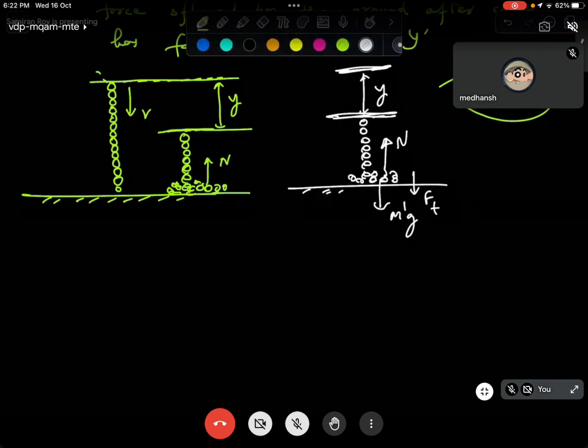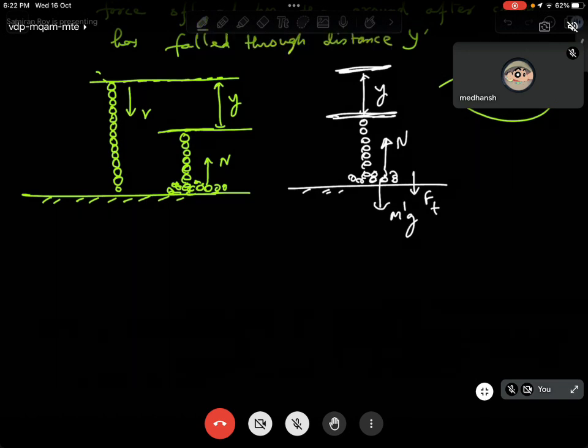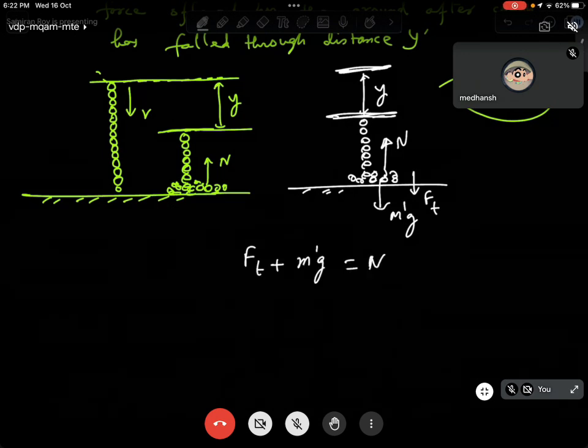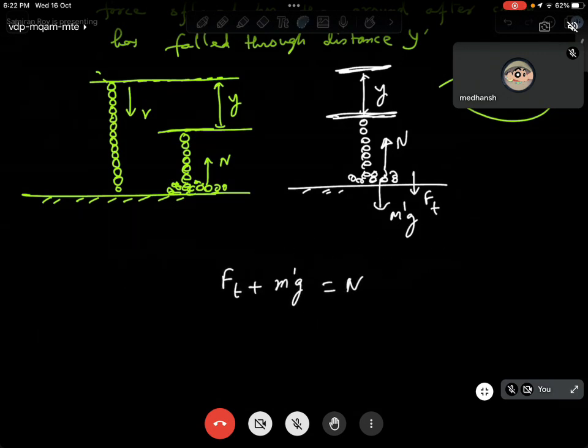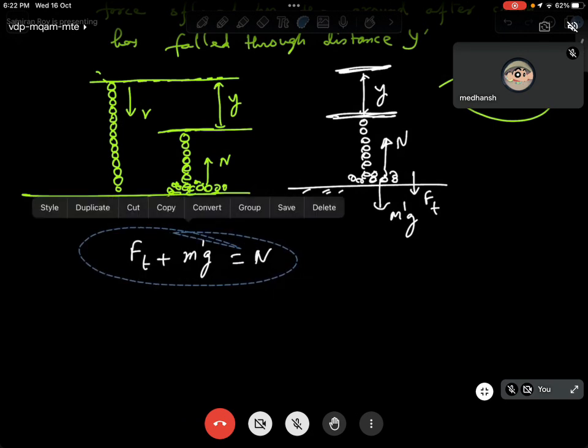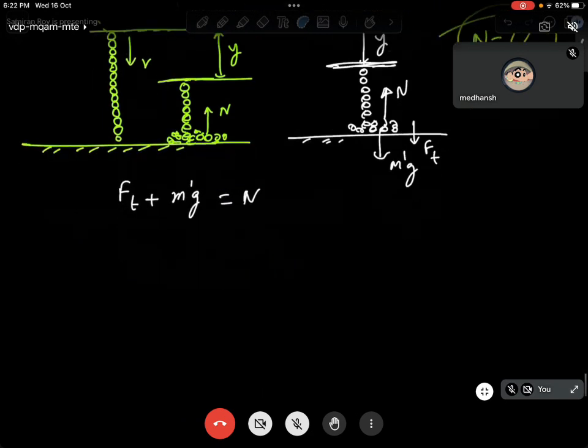And I can write this equation: Ft, the thrust force, plus m dash g equals normal force. Absolutely fine, nothing is wrong in this. So we need to find the thrust force first.